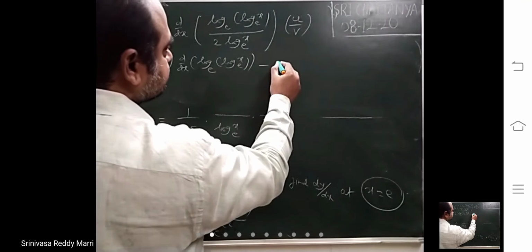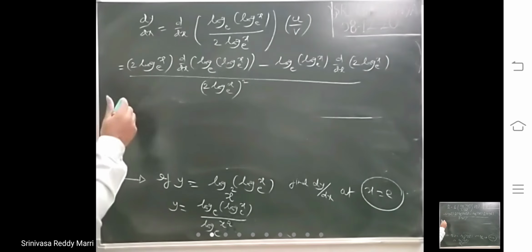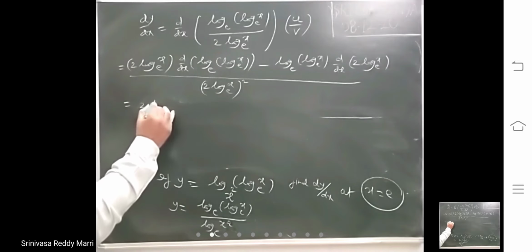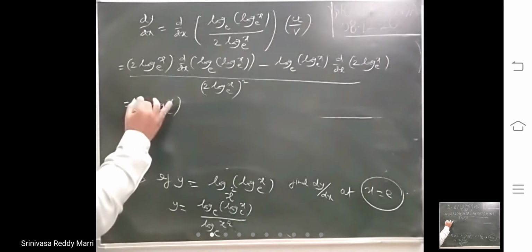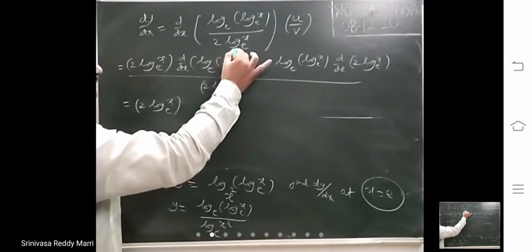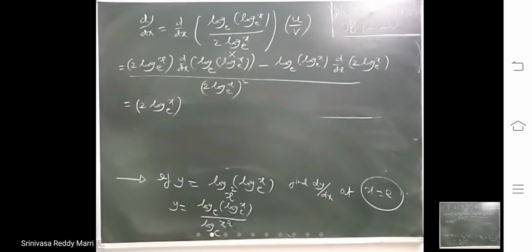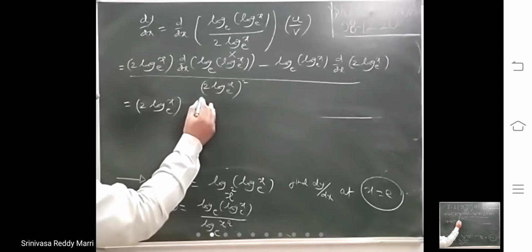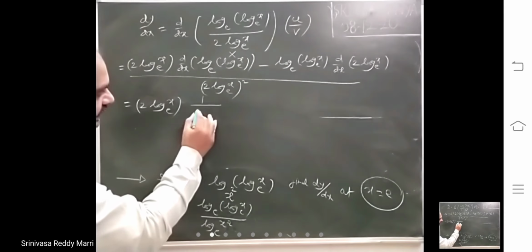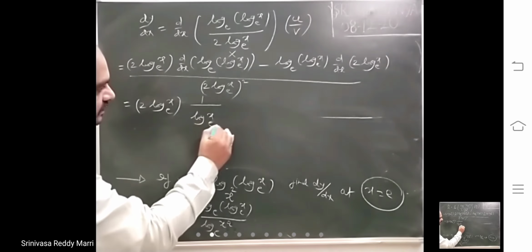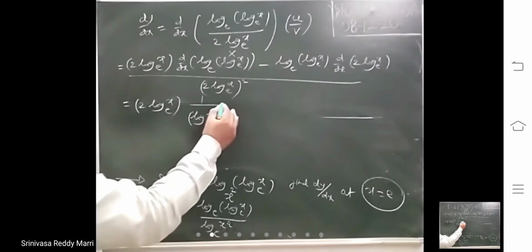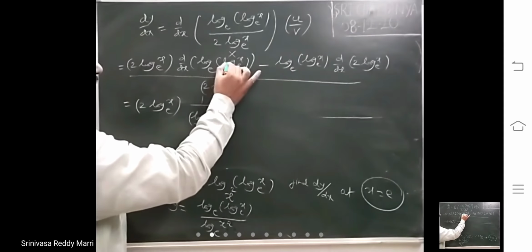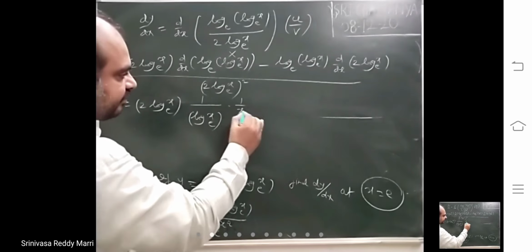Right? That is the u by v formula. Now look at this derivative. The inside one is capital X, so the log x formula gives 1 by capital X, into the derivative of x, which is direct 1 by x.